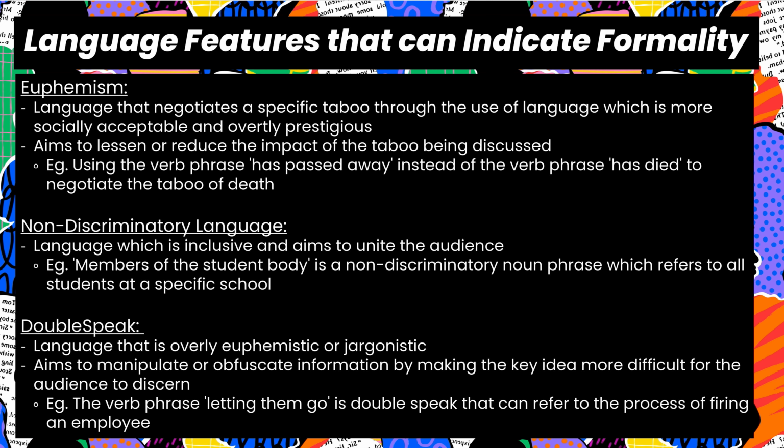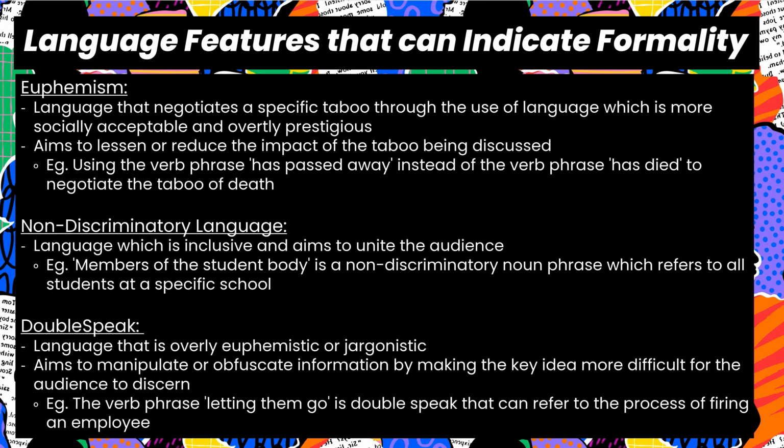So our example of non-discriminatory language is the noun phrase members of the student body, which refers to all students at a school without specifically identifying students based on their year level, their gender, their interests, their excitement about studying English language. Referring to students as a student body or members of the student body allows for this wide, diverse group to be referred to in a non-discriminatory way, in a very inclusive way that brings this student body together.